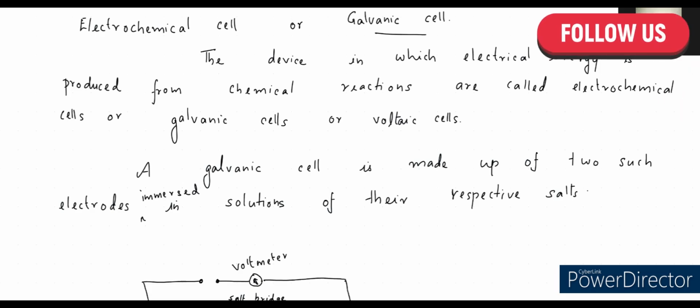So keep that underlined. Devices in which electrical energy is produced from chemical reactions are called electrochemical cell or galvanic cell or voltaic cell.